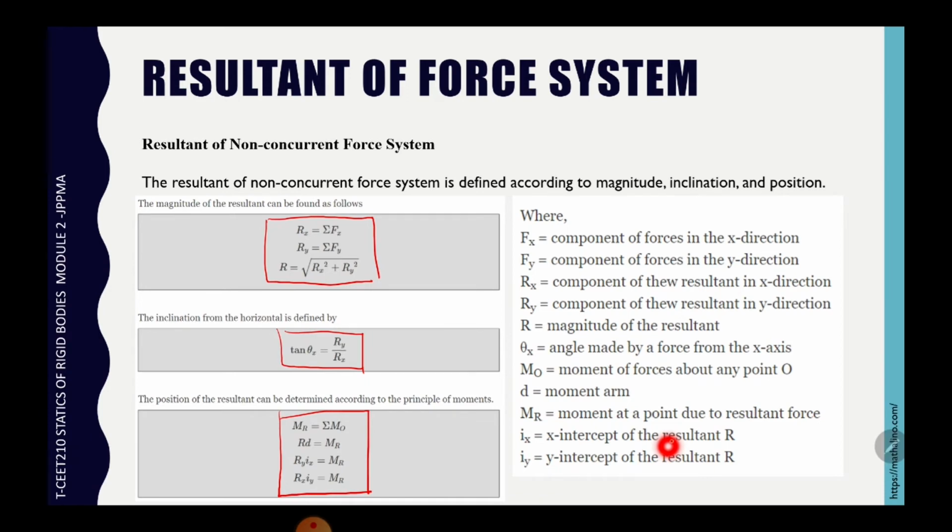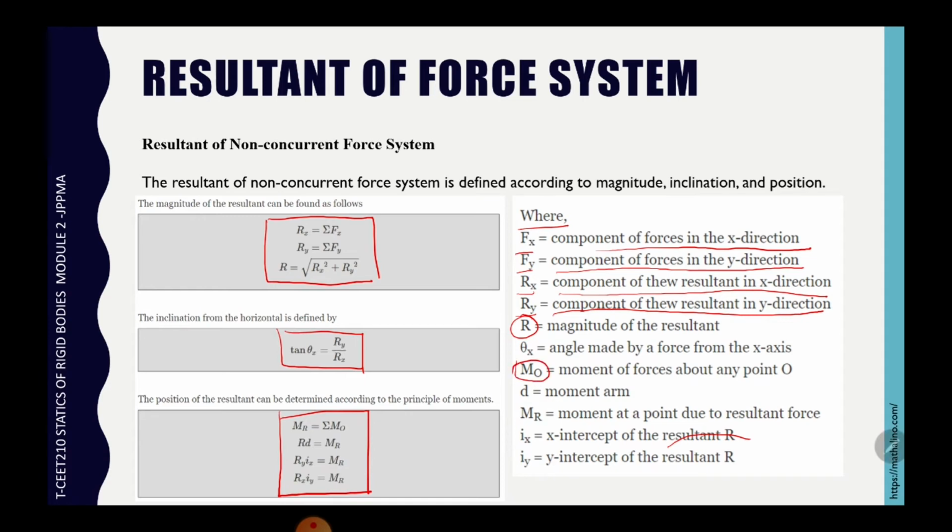So this is the legend, where Fx is the component of forces in the x direction, Fy component of forces in the y direction, and Rx is the component of the resultant in x direction, and Ry is the component of the resultant in y direction, while R is the magnitude of the resultant and the angle theta x made by a force from the x-axis.